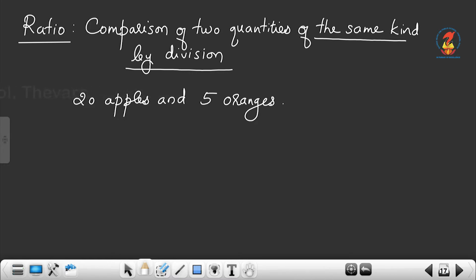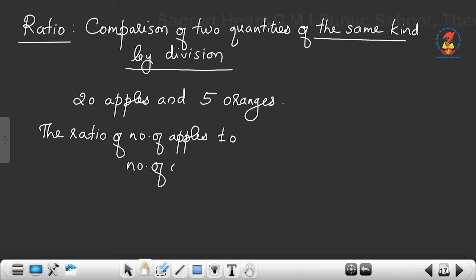Then find the ratio of the number of apples to the number of oranges.